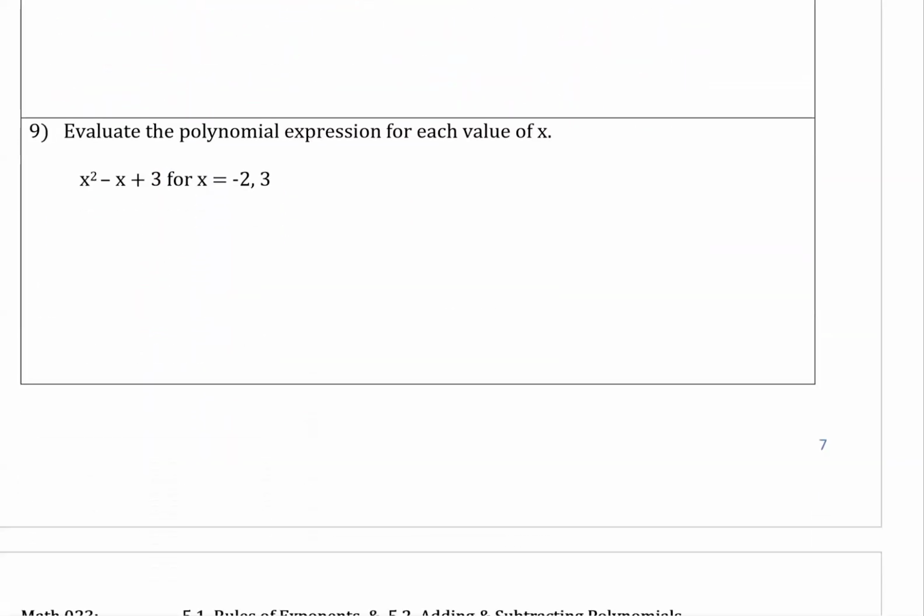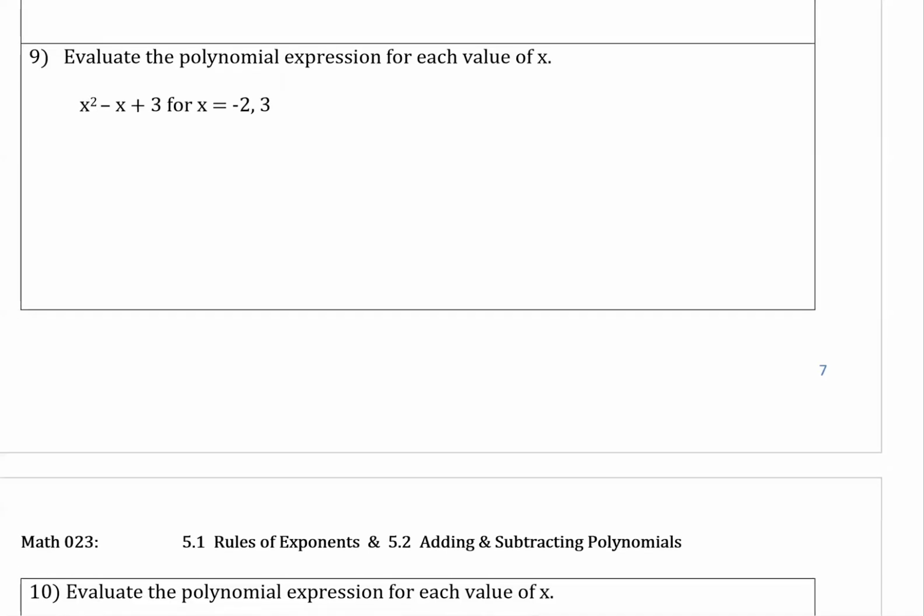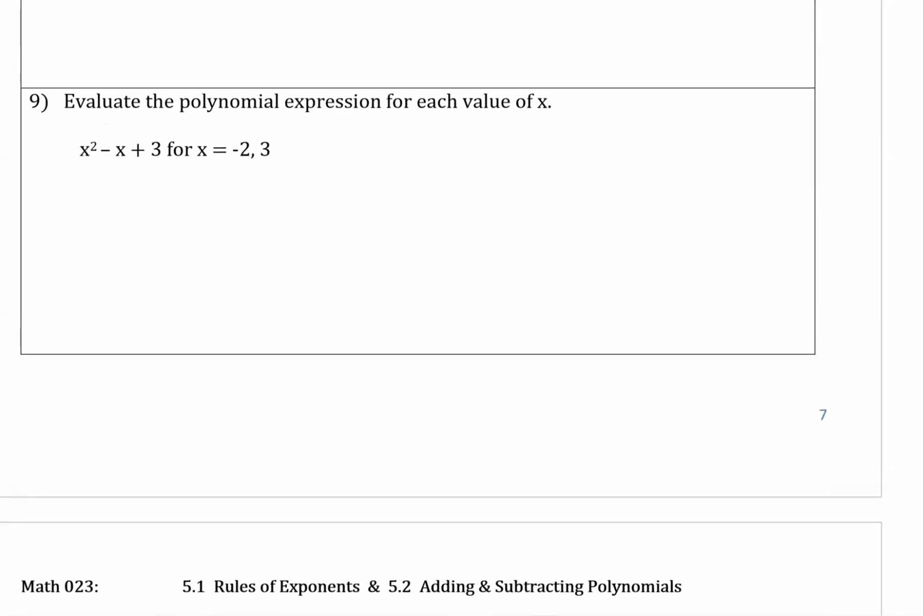All right, number 9. Evaluate the polynomial expression for each value of x. Use your brain and not your calculator to do these, and then check it on your calculator. If we want to substitute in x equals -2, whenever you plug in a number for a variable with an exponent, put it in parentheses.